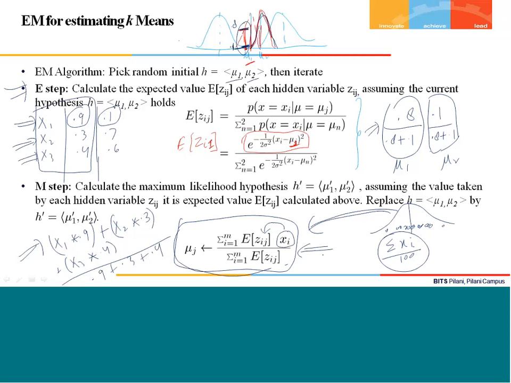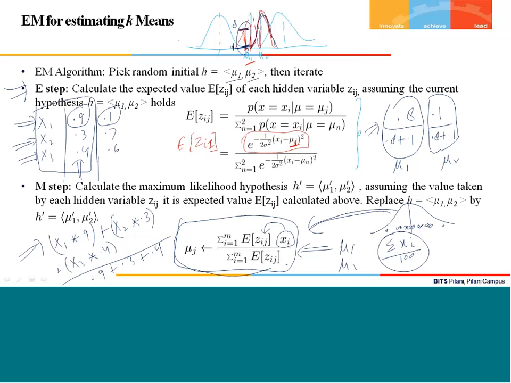If you are calculating the maximum likelihood for mu1, and some xi's have more weight towards mu1, they contribute more to mu1. Similarly, you do this for mu1 and mu2.